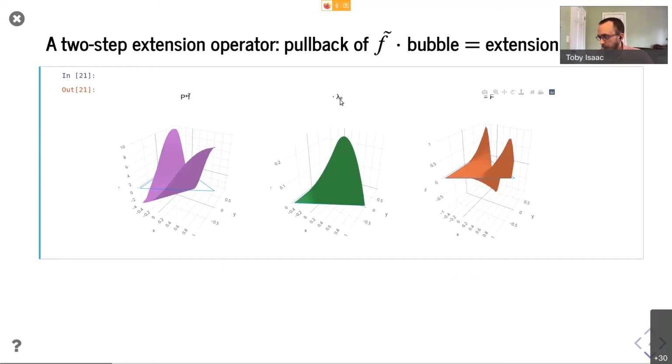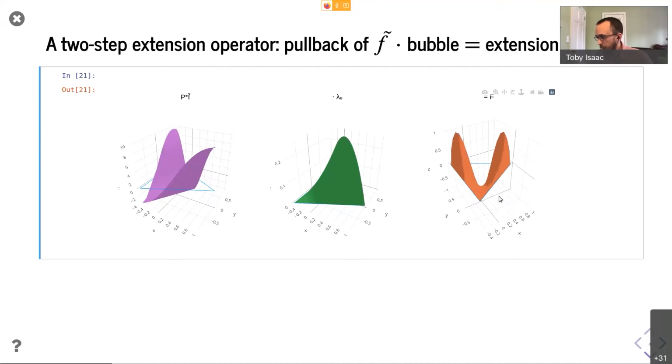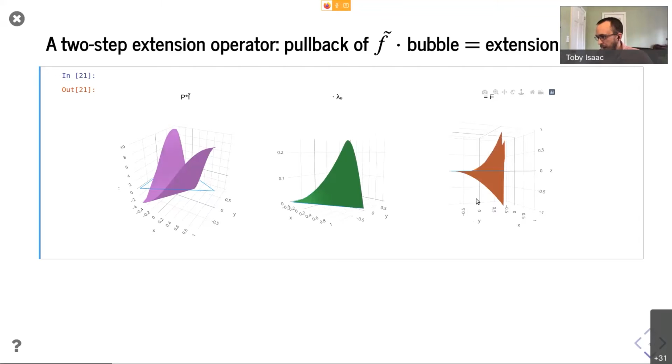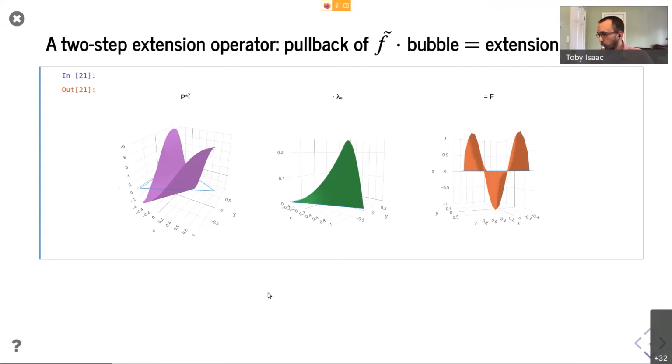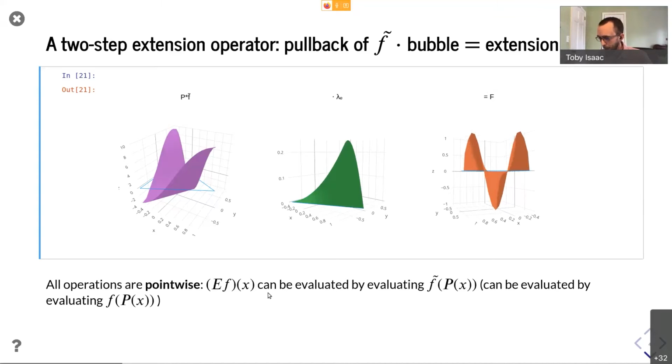And then we multiply by the triangle's version of the edge bubble, which is the product of the barycentric coordinates for the two corners of the edge. And that gives us a function that is smooth in the interior, vanishes at the opposite edges, and has the appropriate trace on the original edge. So this is one way to do finite element geometric decomposition.